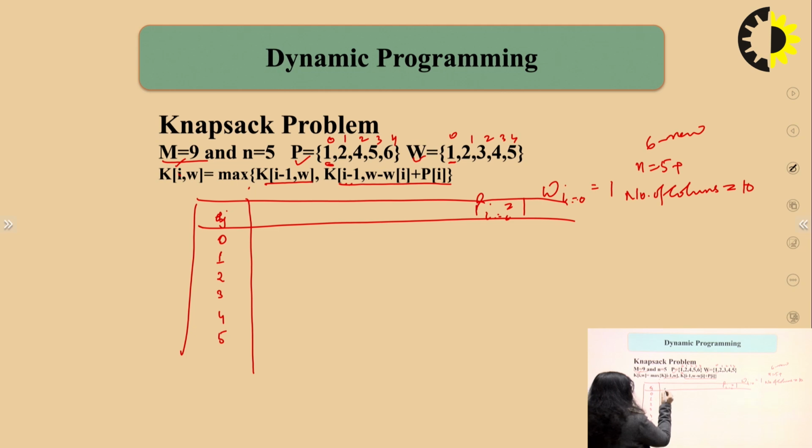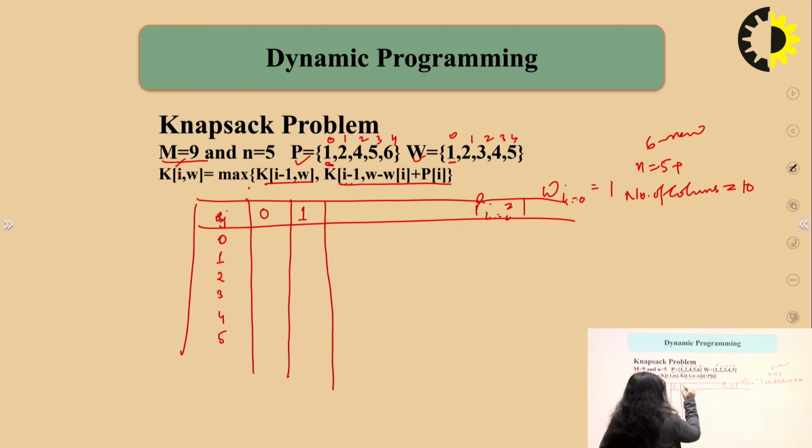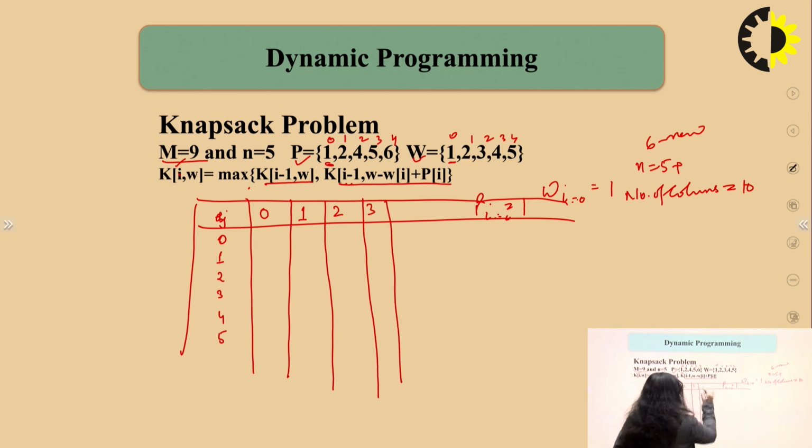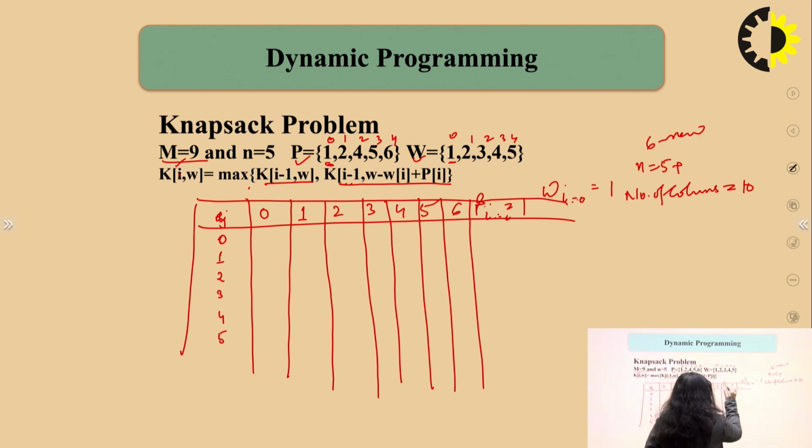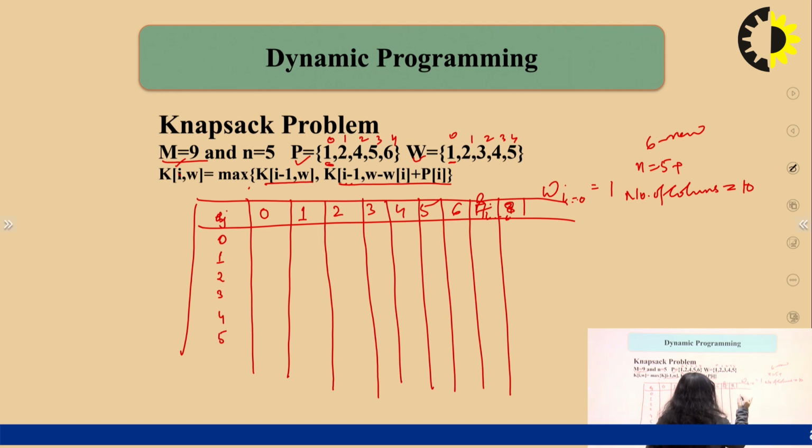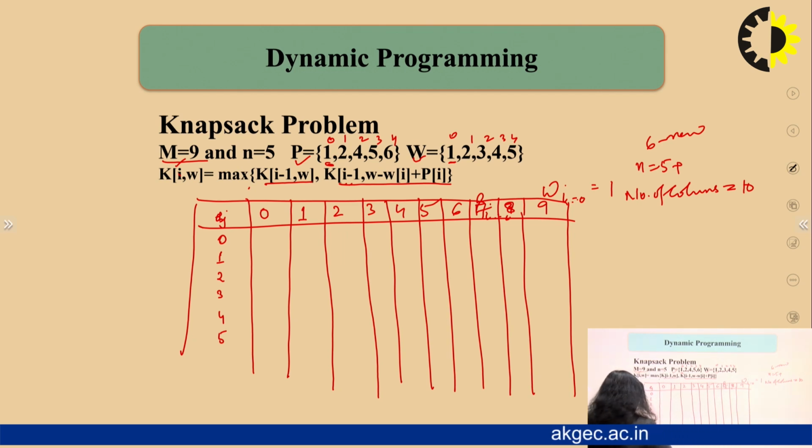Similarly for the columns, I have added an additional 0th column, and then for the capacity of the knapsack, I will divide the capacity into 1 unit cells. So this is when the knapsack capacity is 1, this is when the capacity is 2 units, then 3, 4, 5, 6, 7, 8, and 9. So we have 10 columns right now.